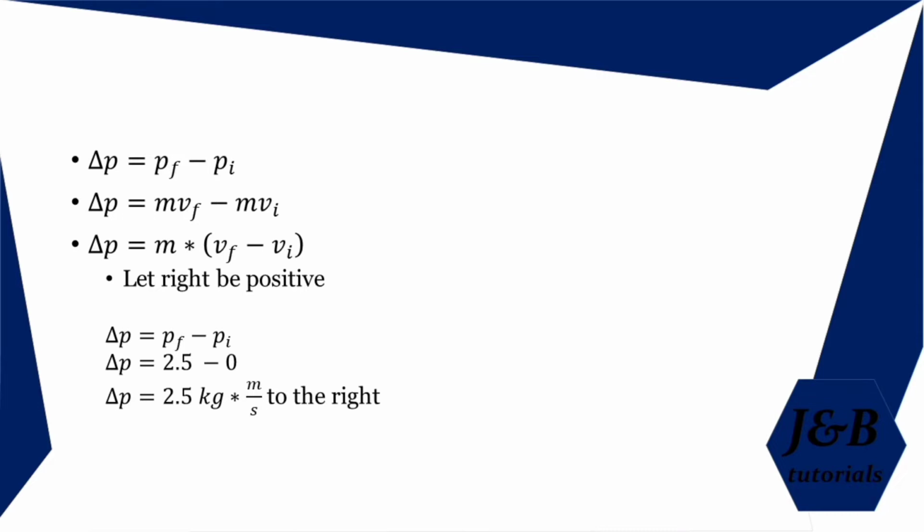As a result, we substitute: 2.5 minus 0, which gives us 2.5 kg meters per second. And just like momentum, change in momentum is a vector, so the direction is towards the right.